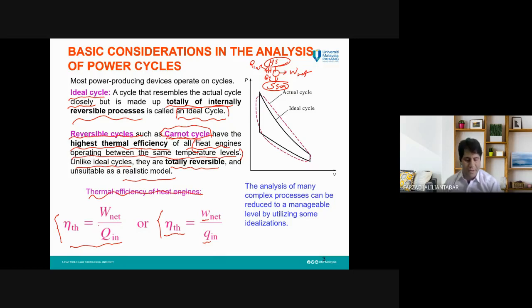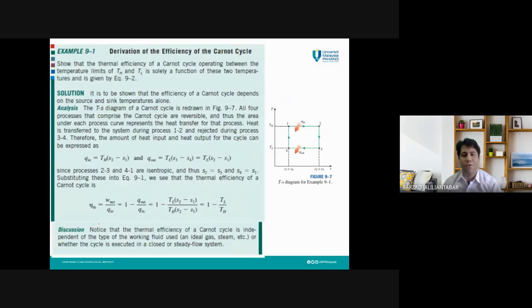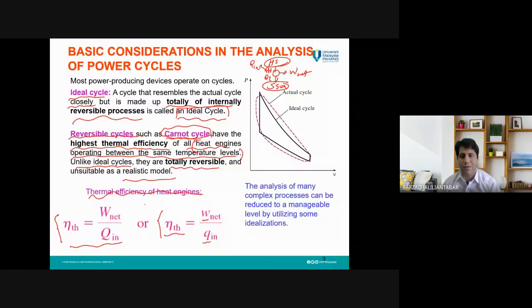But for the Carnot cycle, we had another equation, which I will show later in an example. The Carnot cycle is a useful cycle to find the maximum possible efficiency of such a cycle. But it has a disadvantage: sometimes the error in our calculation is too much.